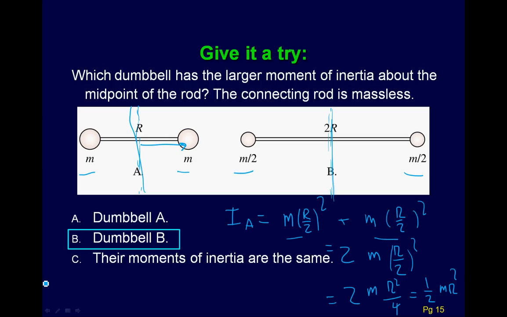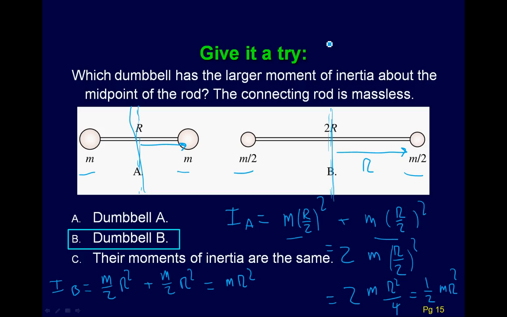or altogether 1/2 m r squared. Now for B, it's a similar idea, but now this is m divided by 2 for each piece, and the distance here is going to be just r, since we've made the whole distance 2r. So it's (m over 2) r squared plus (m over 2) r squared, and so this is going to equal just m r squared.